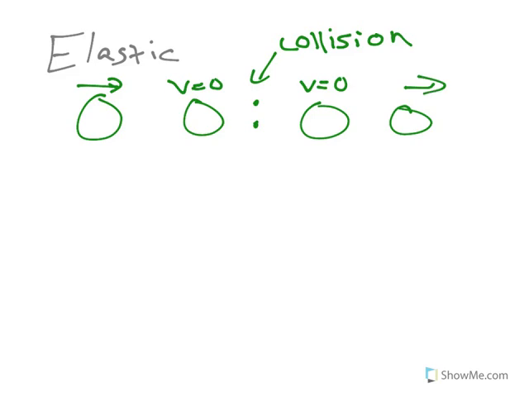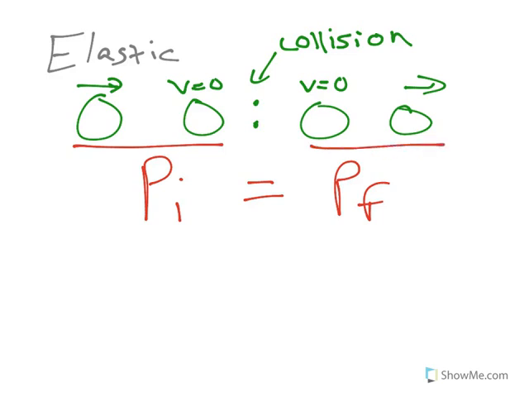So for an elastic collision, essentially what you're going to need to do for the formula is you need to remember that momentum initial has to equal momentum final. And so the momentum on this side has to equal the momentum on this side.